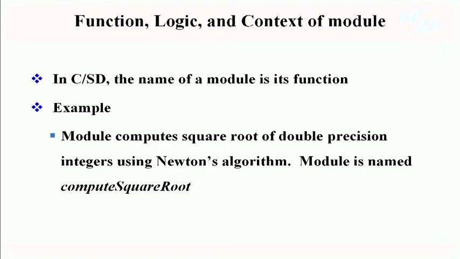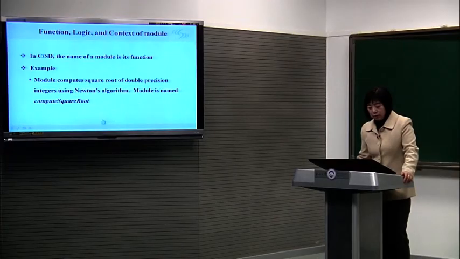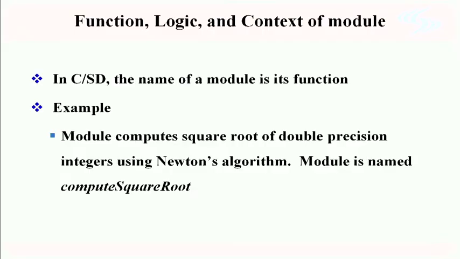For example, a module computes square roots of double precision numbers using Newton's algorithm, and then the module is named compute square root. So it's just a function. Usually we name a function with a meaningful name. That means from the function name, you will know what the function is supposed to do.